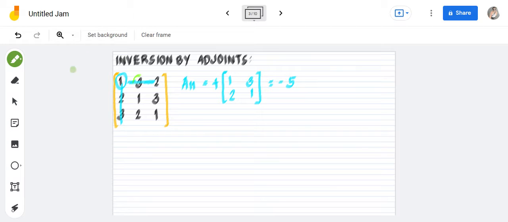Next we have A12, so negative. We'll have 2, 3, 3, 1.